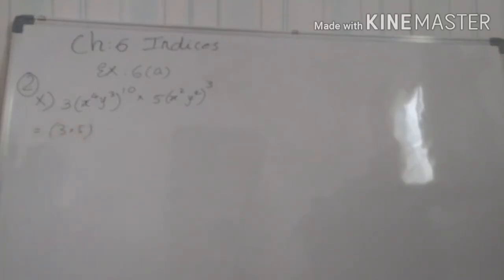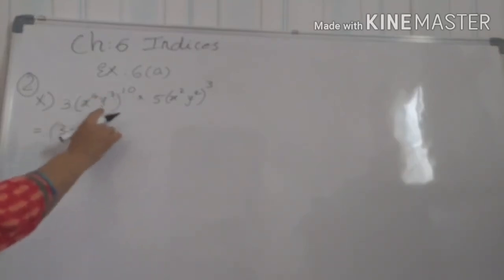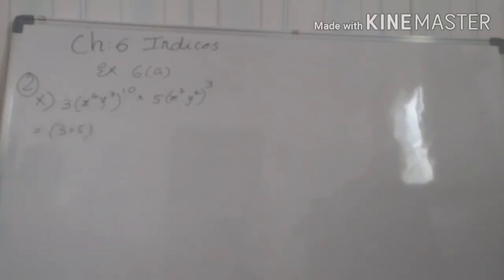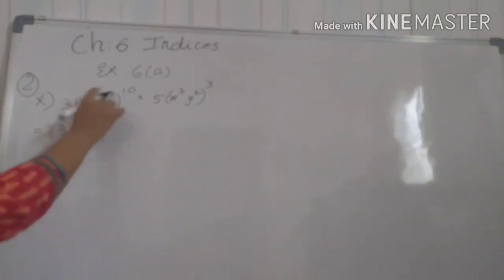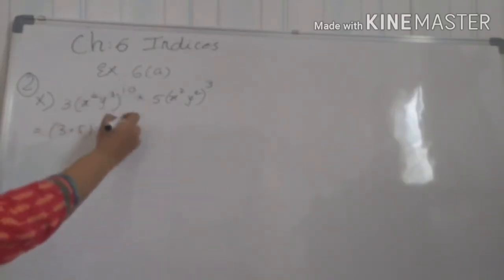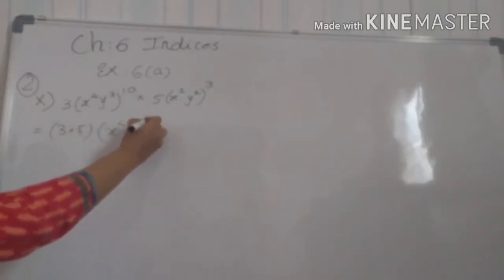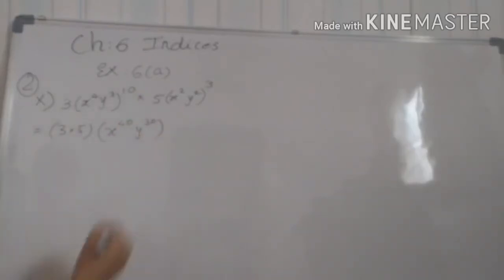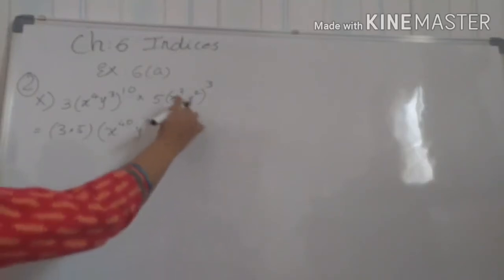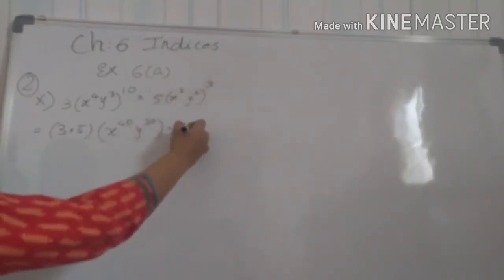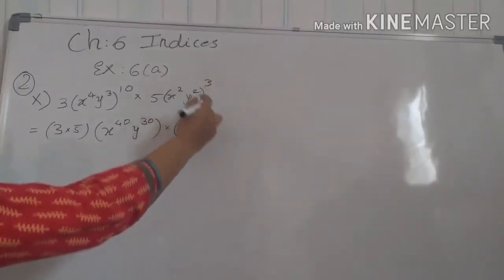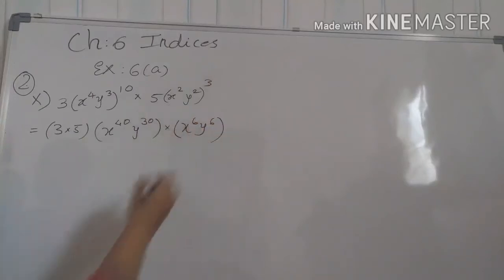So 3 multiply 5. Now there is power of power also and the two different variable also. So I write x raised to 4 tens are 40 and y raised to 3 tens are 30. Now here also x 2 3s are 6 power and y raised to 3 2s are 6 power.